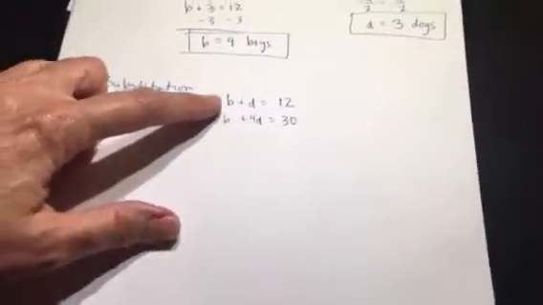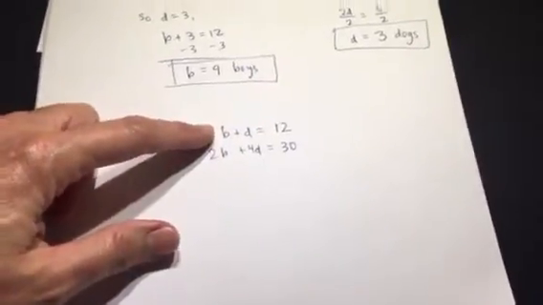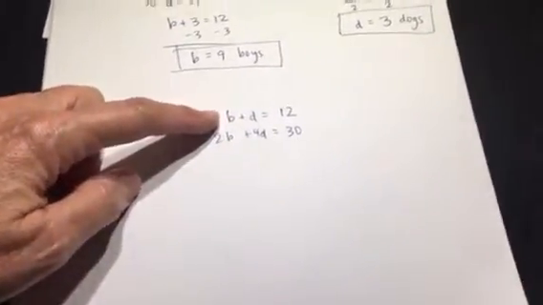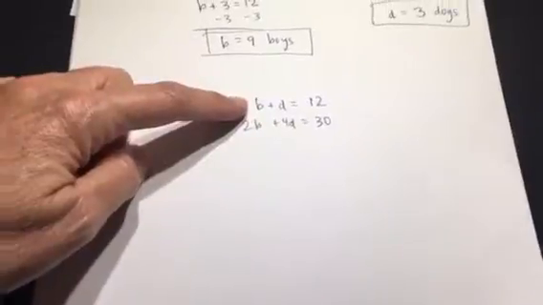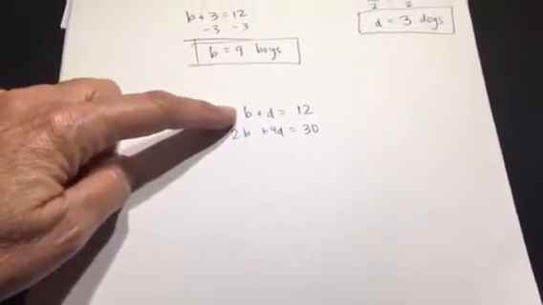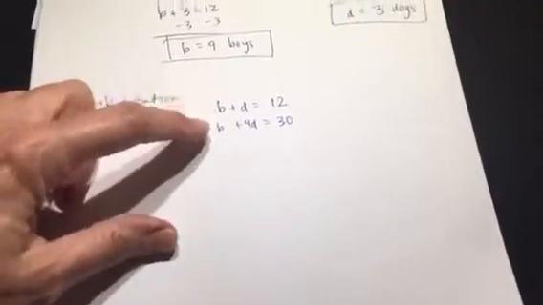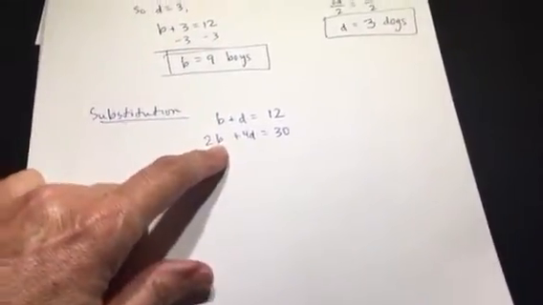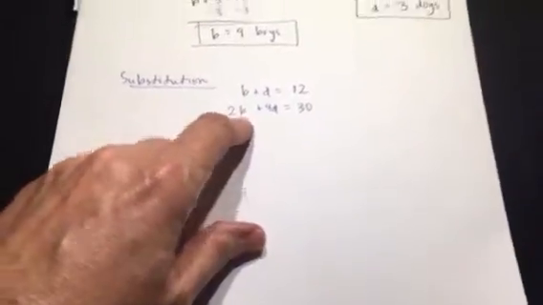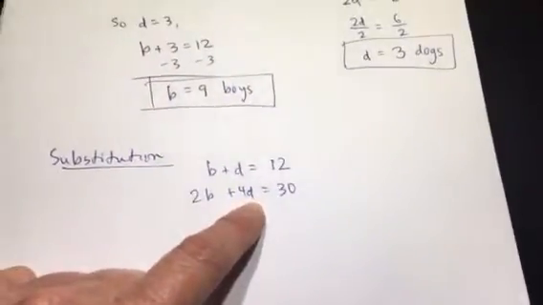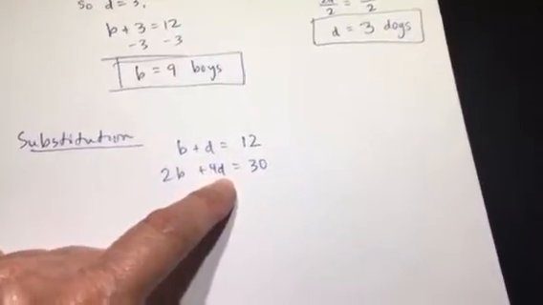So I could take b plus d equals 12, and I could solve it for b. I could take b plus d equals 12 and solve it for d. I could take the bottom one and solve it for b. I could take the bottom one and solve it for d. I'd kind of have to be a little careful there.